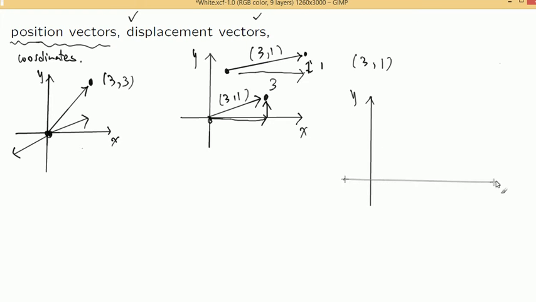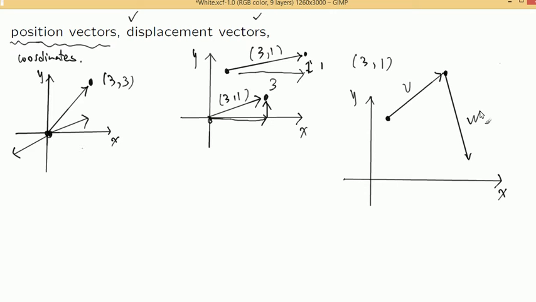Here are the y-axis and x-axis. If you start from here and go along this displacement vector, we're going to call that vector v. Is that okay? v doesn't care about how you go, just how much you go to the right and up. That's what a displacement vector is. And next you go from here to there.